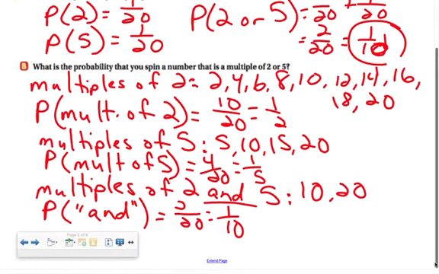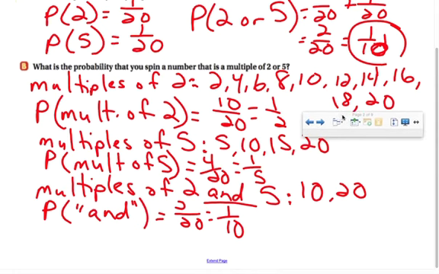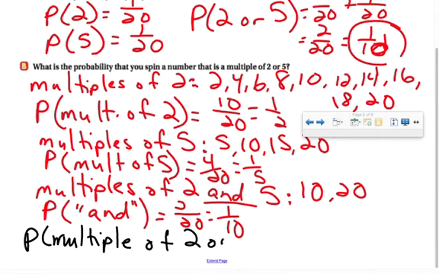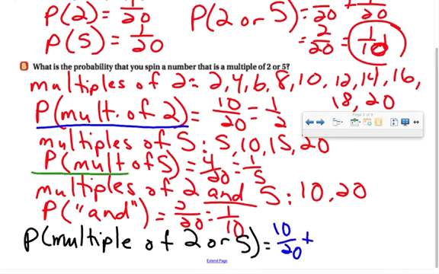So finally, if I'm using the formula that you had at the beginning, in the last screen, the probability of a multiple of 2 or 5 would be this probability, which was 10/20ths, plus this probability, which was 4/20ths, minus this probability, which is 2/20ths.